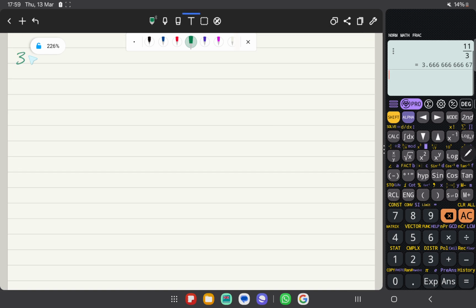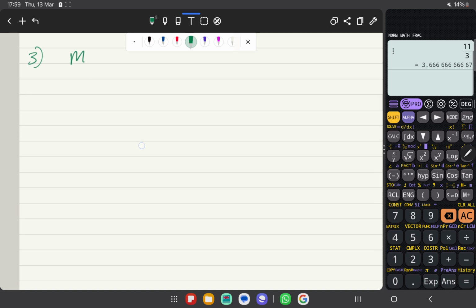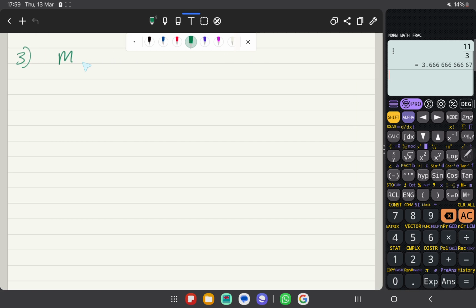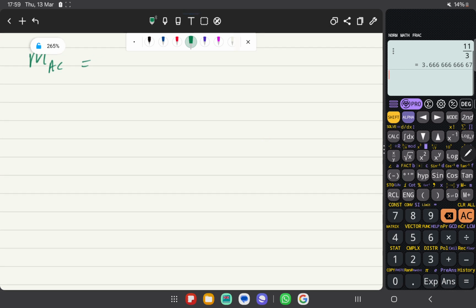So number 3, I'm going to find the midpoint of what? Midpoint of AC, I believe. AC is (2, 10) and (0, -6). Midpoint of AC is (x1 plus x2) over 2, (y1 plus y2) over 2.